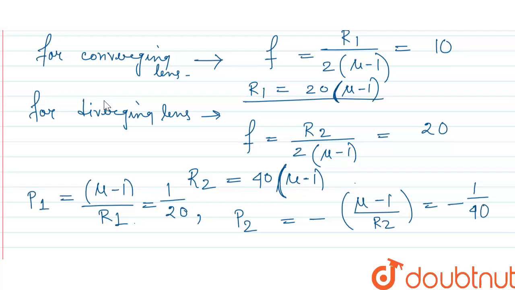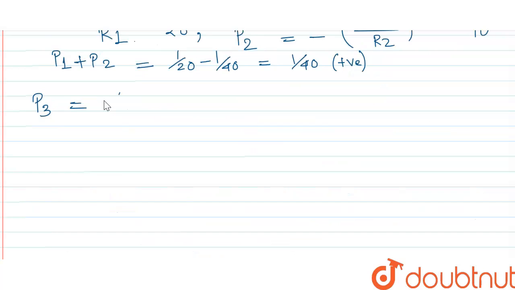Next. So what is the total power? P1 plus P2 for the first combination of lens is coming 1 by 20 minus 1 by 40, that is 1 by 40 positive. And what about P3?